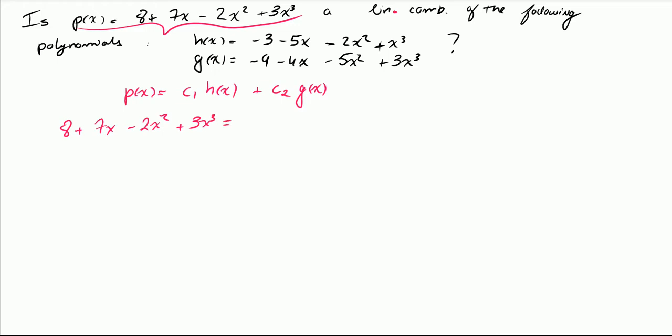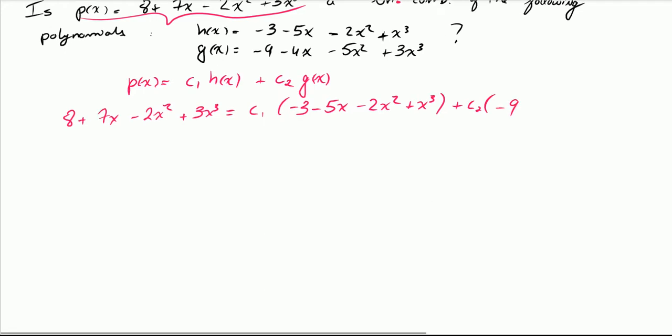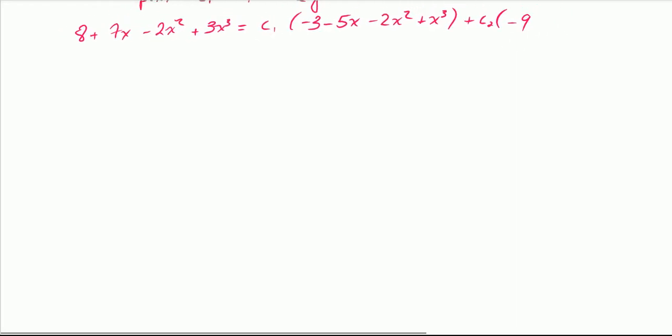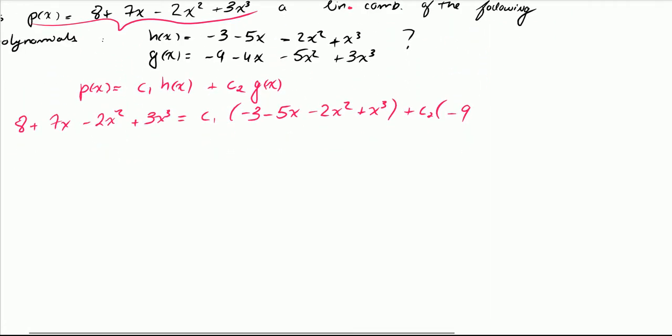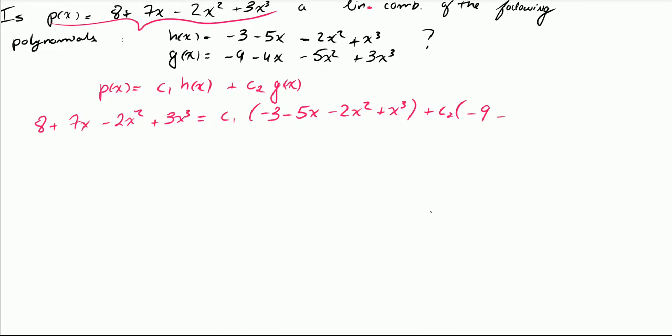So I want to know if 8 plus 7x minus 2x squared plus 3x cubed can be written, so is it equal to c1 times minus 3 minus 5x minus 2x squared plus x cubed plus c2 times minus 9 minus 4x minus 5x squared plus 3x cubed.